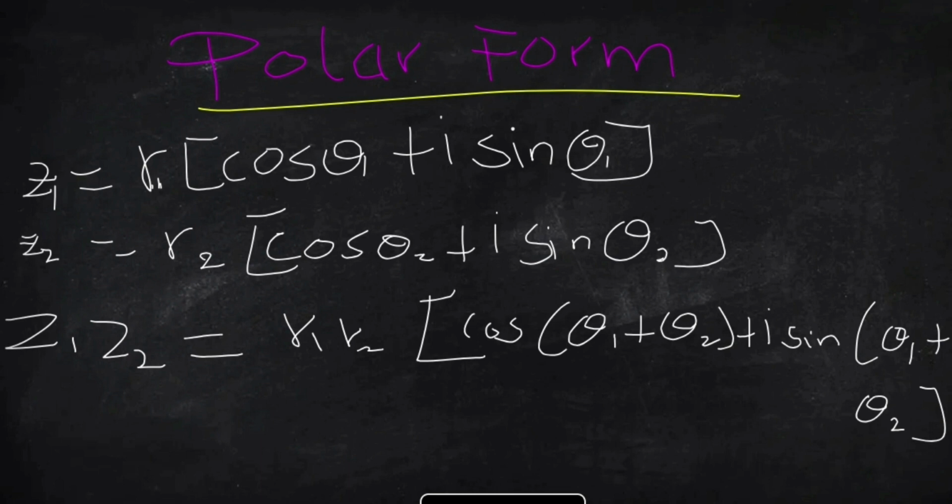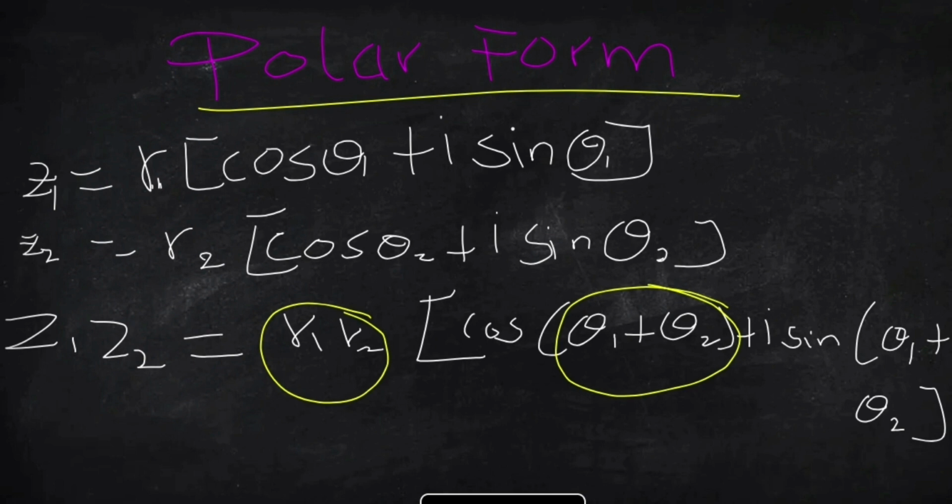You have to multiply the two given radii and then you add the two given angles.